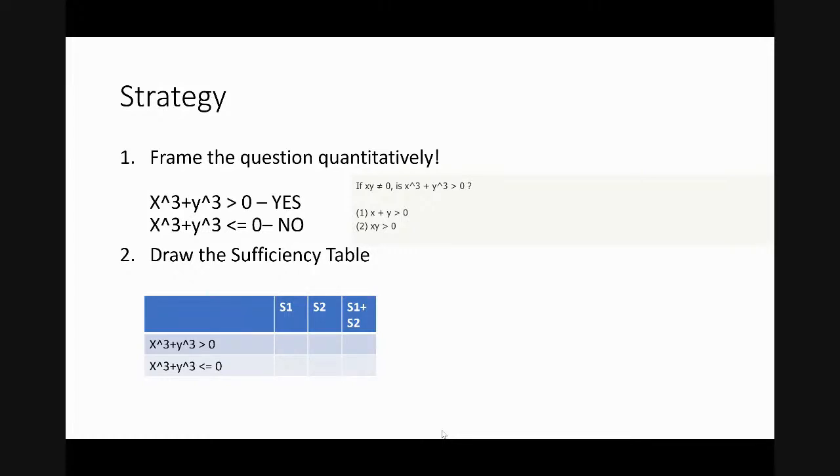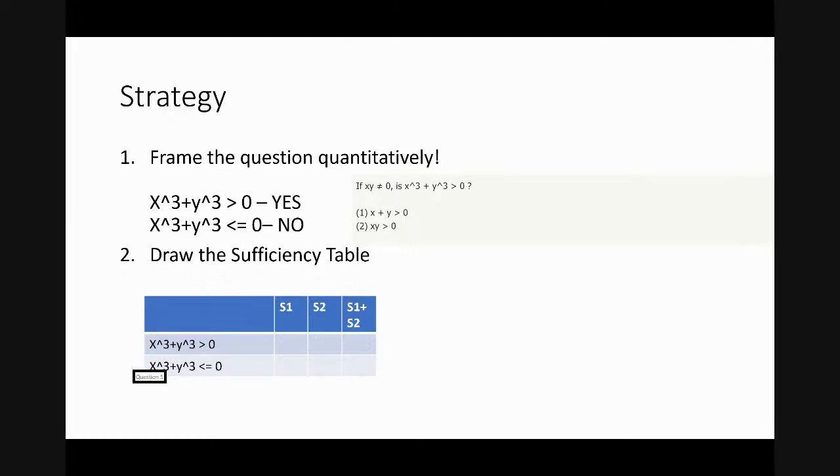So if x plus y greater than 0, what does that mean? That means that either both of them are positive numbers, right? Or one of them is more positive than the other negative number, right? For example, x could be 1 and y could be 0.